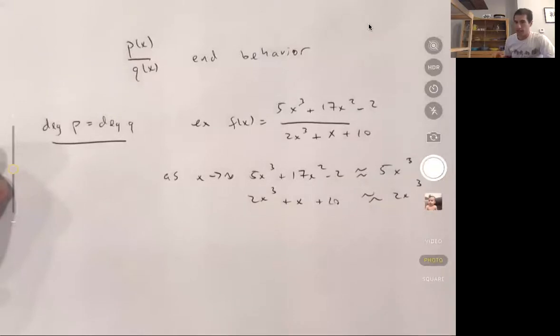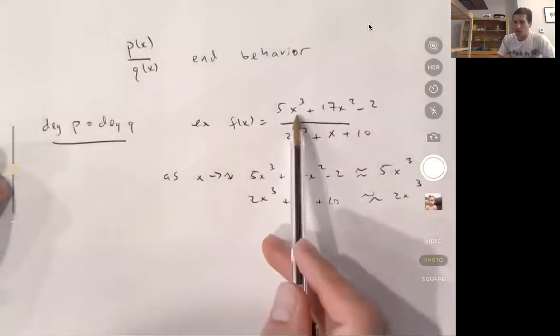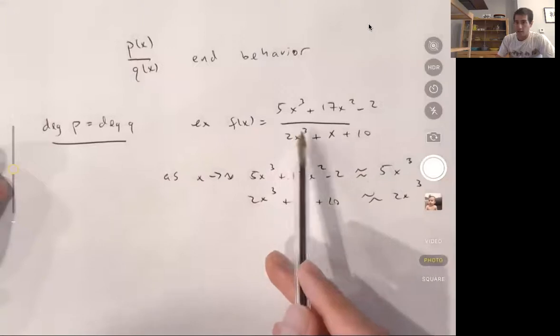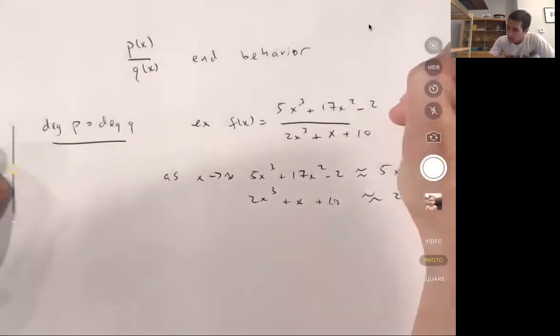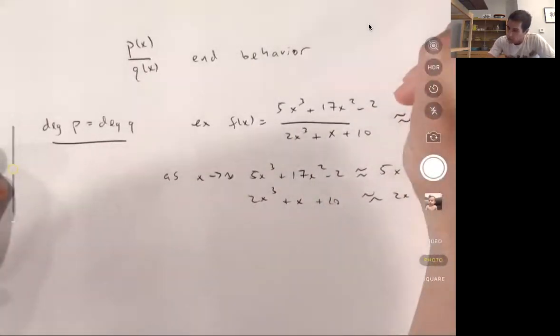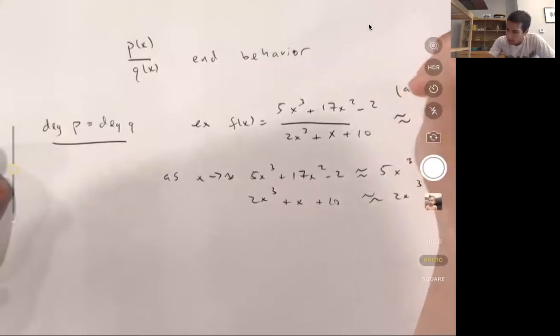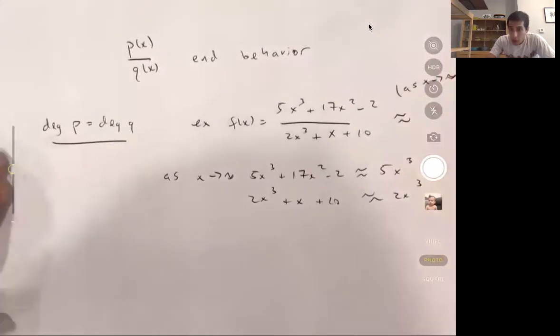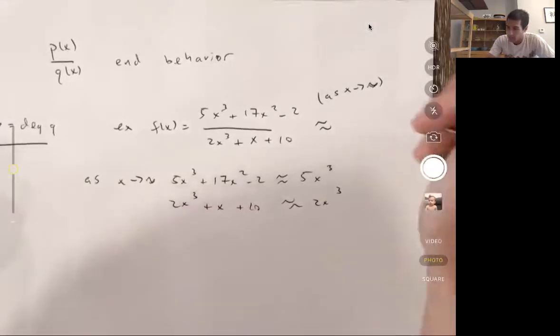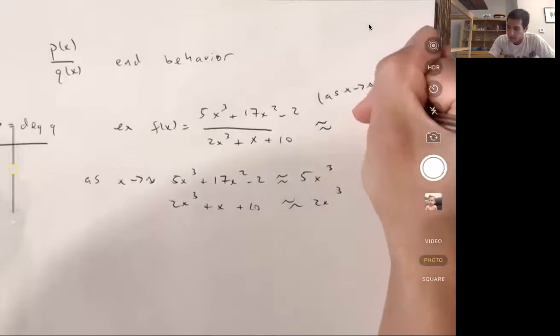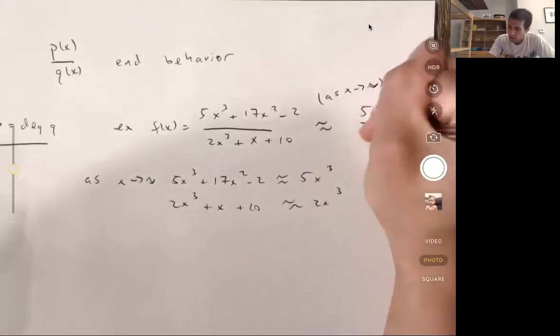And so if I consider this function, f of x, as x goes to infinity, it is approximately, and what I mean is as x is getting really large, this function is approximately behaving like 5x cubed divided by 2x cubed.